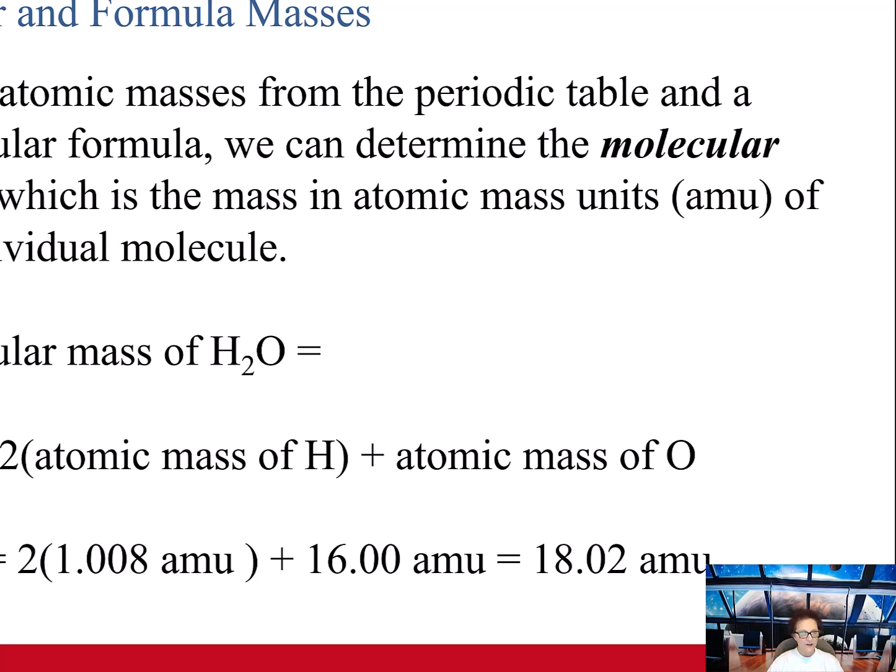We look on the periodic table, the chemist cheat sheet, and we can find the masses, which are that number with the decimal places on it. And so we use that to decide what the AMUs are for each element.